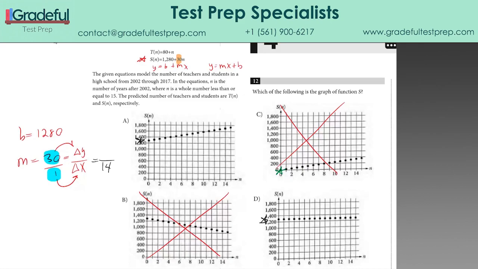So if the x is increasing by 14, the y has to be increasing by 30 times 14, which is 420. So which graph between 0 and 14 seems to be increasing in the amount of around 400? Well, that's clearly answer choice A, because that one is going from around 1,300 to around 1,700, and so it's increasing by about 420, and the answer for 12 is A.